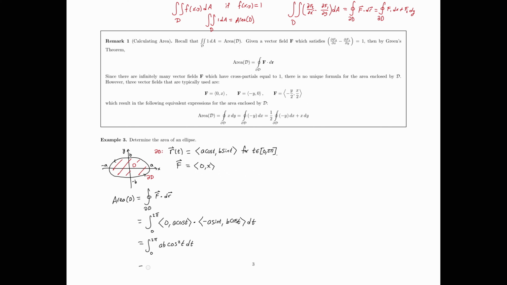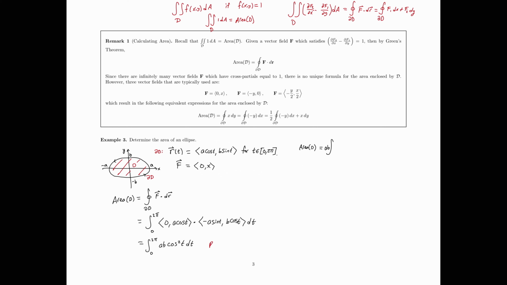Actually, let's jump up here. So continuing, the area of D is the integral, and I'll pull the ab out. Remember that for integrating cosine squared, we're going to use the half angle identity.